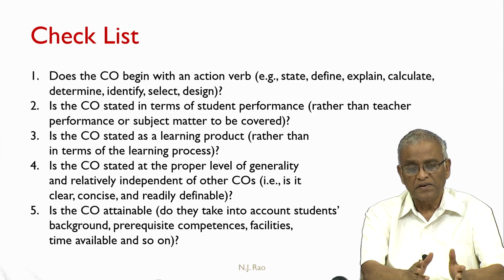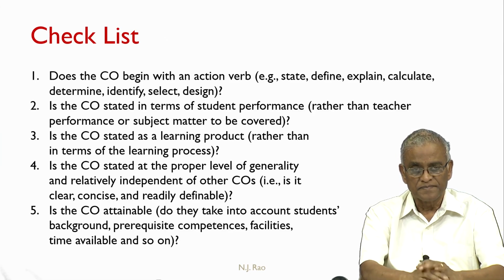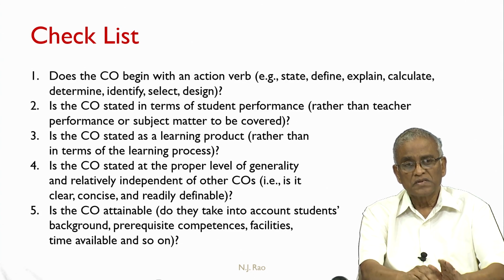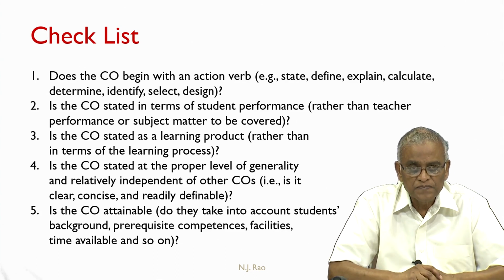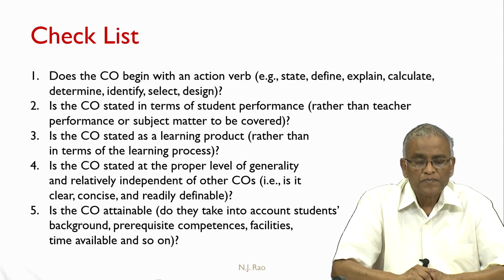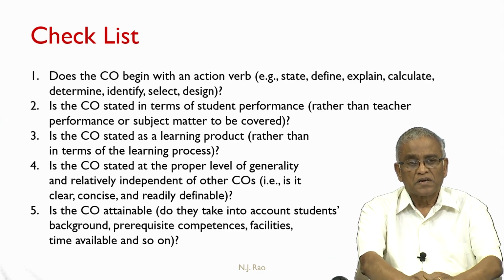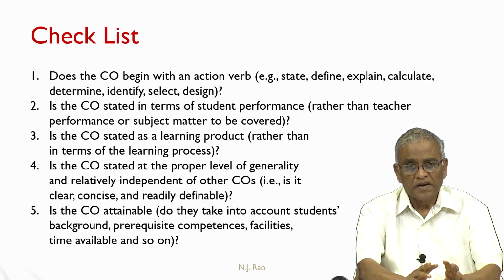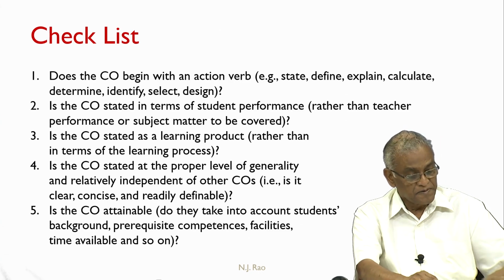So there is no point in writing such a CO just because it looks good. This is a checklist that one needs to follow to make sure that you are able to write good course outcome statements.